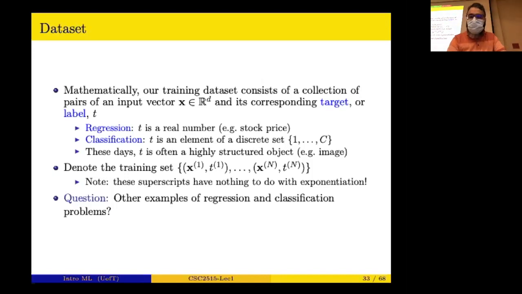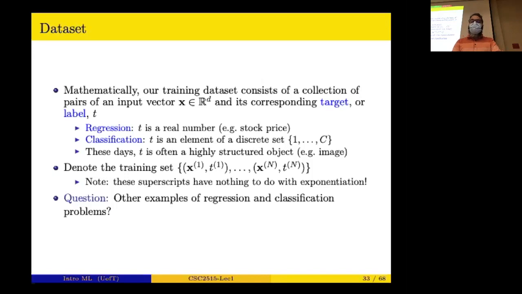Okay, so there are other examples here. Classification in autonomous vehicles, stop sign, pedestrian, and etc. Okay, so I think classification is a special kind of regression.